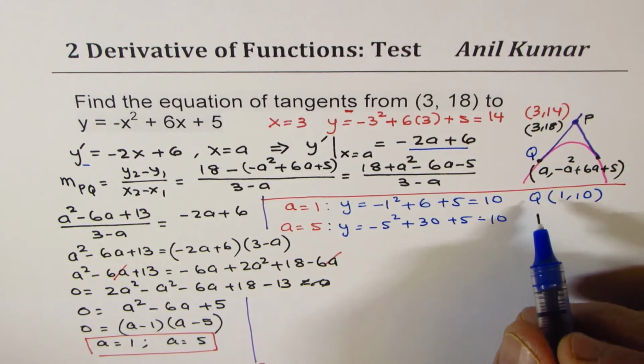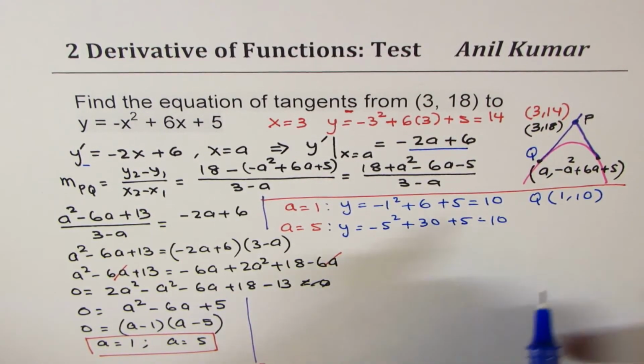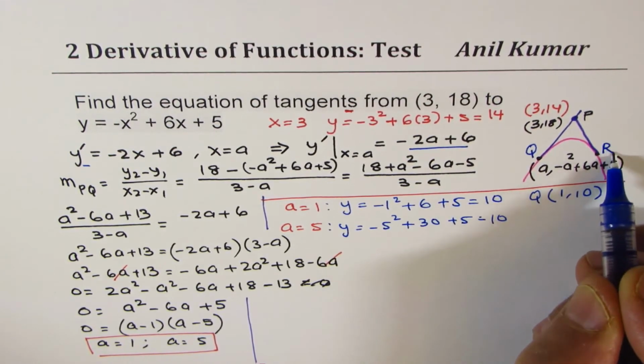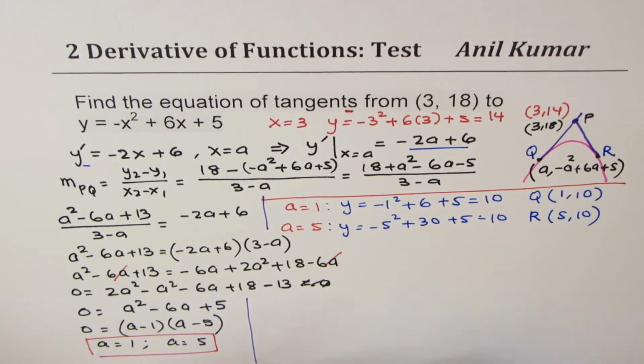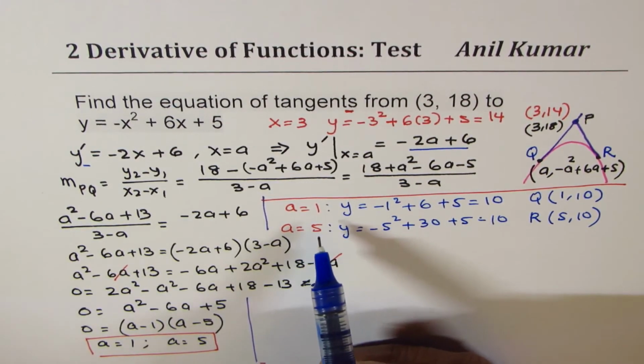So the other point, let's say R, will be 5, 10. Correct?